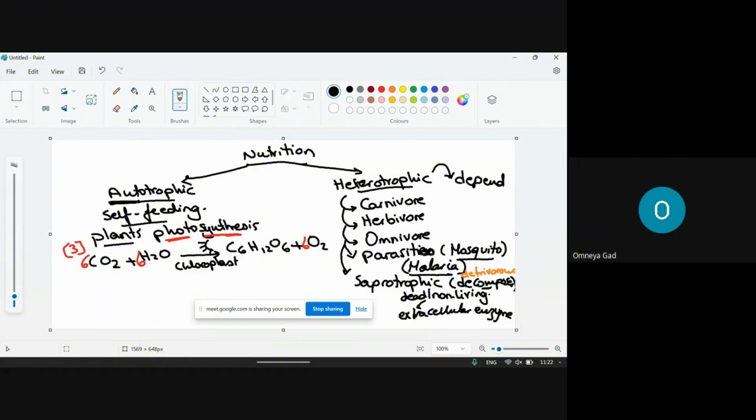The last type of the heterotrophic way of feeding, which is the nutrition type, is called the symbiotic way of feeding. In the symbiotic way of feeding, both of them exchange benefits. Okay? How?